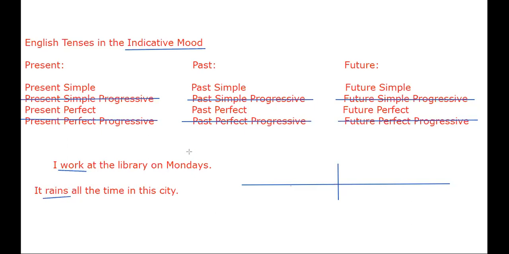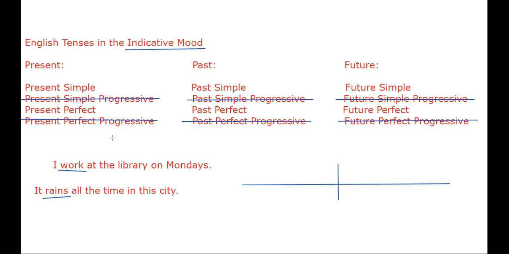This is also present simple because it talks about something that is, again, either habitual or true all the time in the present, because it does rain all the time in this city. It's kind of confusing now, but once we talk about the progressive or continuous aspect, then you'll start seeing exactly what this is supposed to mean.